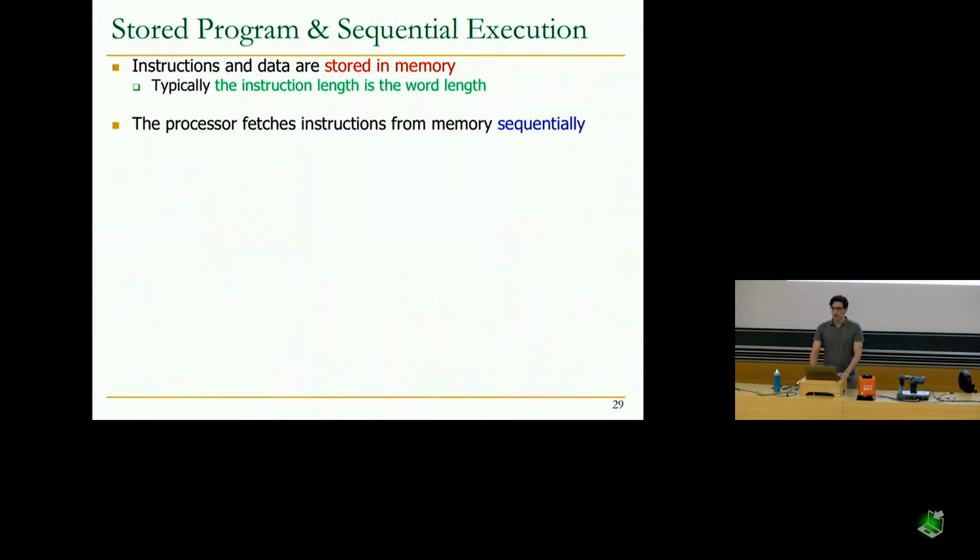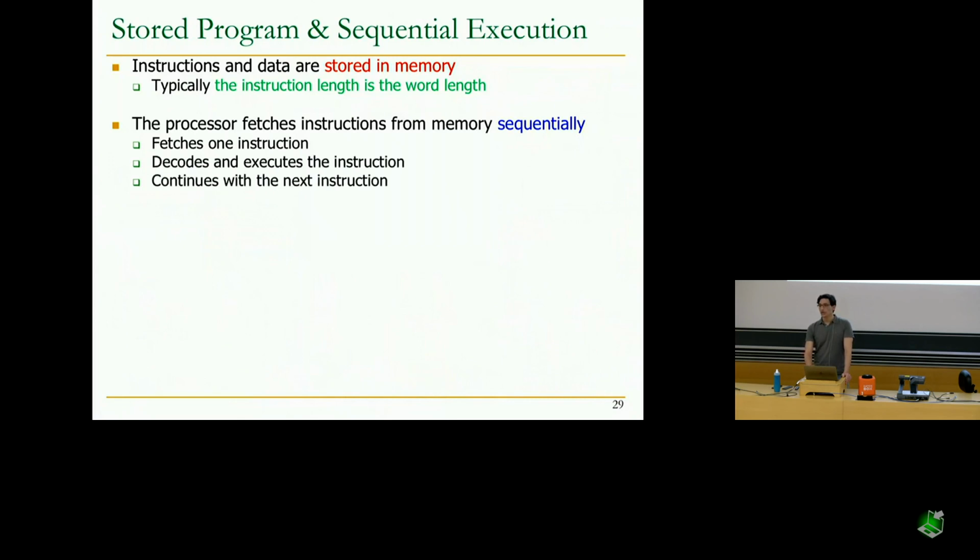The way the computer is going to process the program is by fetching instructions from memory sequentially. Typically, it will access memory to fetch or read one instruction that will be stored in the instruction register, and then it will decode and execute the instruction, probably store some results in memory or in a register, and finally it will continue with the next instruction.